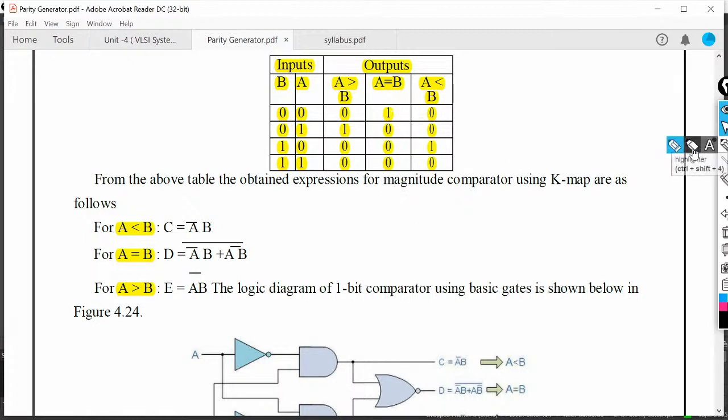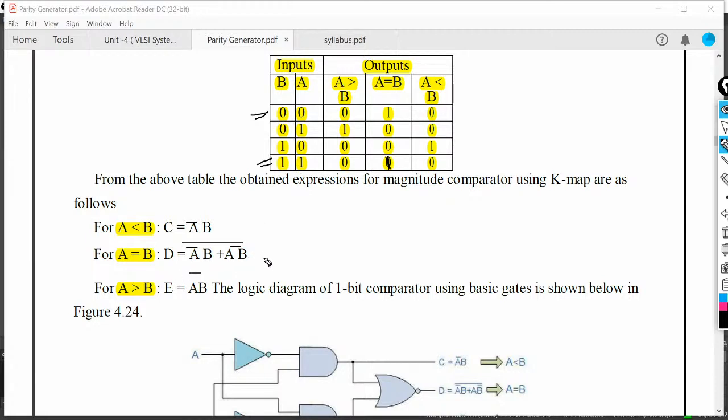You can see some mistake in the truth table: the last bit is also active, because in the last combination also A equals 1 and B equals 1. So in both the first and last positions, the A equals B condition is fulfilled. Accordingly we get the output as A bar B bar plus AB.